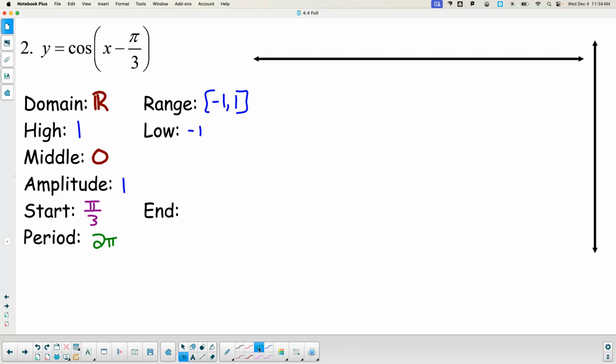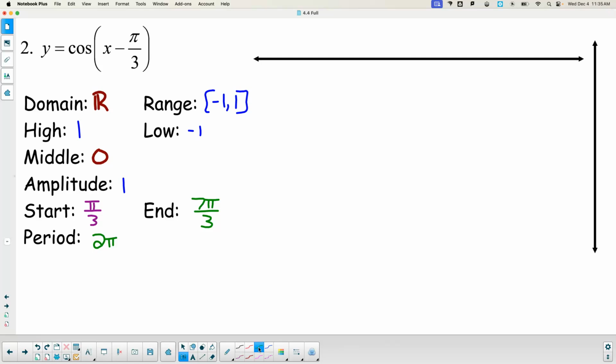What is pi over 3 plus 2 pi? What do you got, Cole? 7 pi over 3. So my end here is at 7 pi over 3. Start plus period gives you the end. With me?